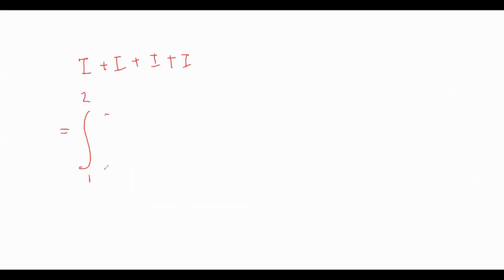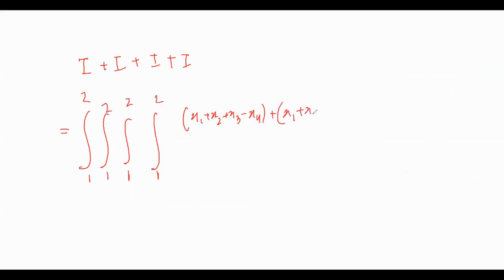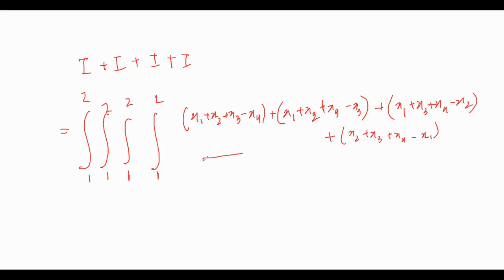The integration from 1 to 2, four times, of the numerator: x1 plus x2 plus x3 minus x4, plus x1 plus x2 plus x4 minus x3, plus x1 plus x3 plus x4 minus x2, plus x2 plus x3 plus x4 minus x1, by x1 plus x2 plus x3 plus x4, dx1 dx2 dx3 dx4.